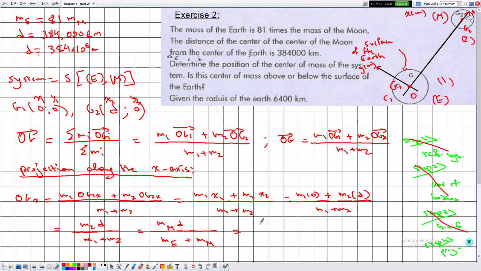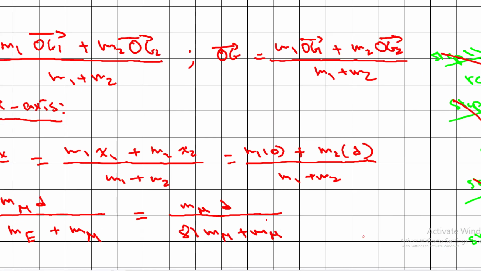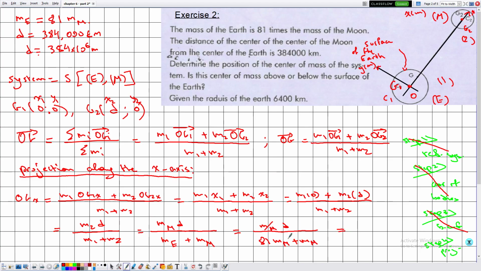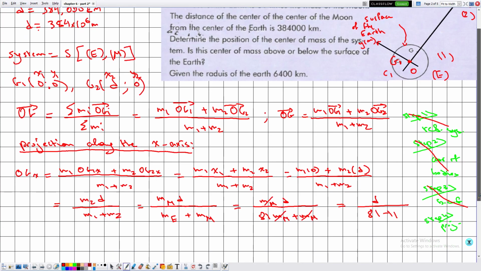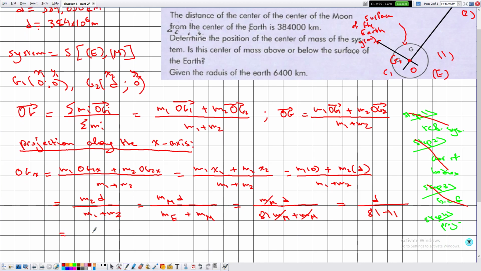So this is equal to MM D divided by 81 MM plus MM. So taking a common factor MM from the numerator and from the denominator, we are left with D divided by 81 plus 1, which is equal to D divided by a factor of 82. So in this case, xG is equal to D divided by 82.